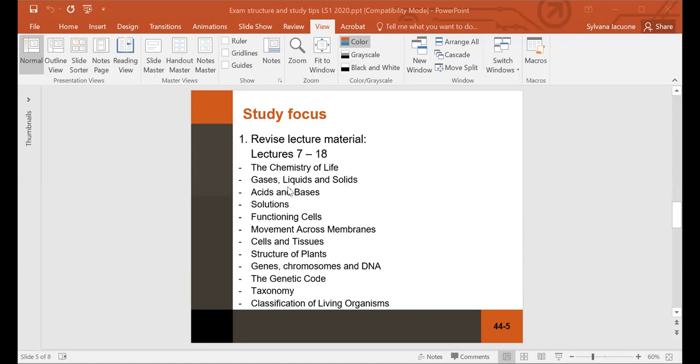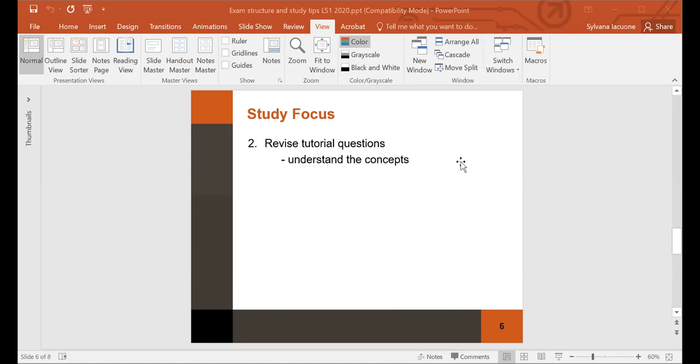So you need to revise your lecture material, starting with lecture 7, the chemistry of life, and then proceeding through the remaining lectures for the semester. Okay, so they're the lectures, and I'll just touch on them after this PowerPoint. Okay, so from lecture 7 to 18, that's what you should be revising.